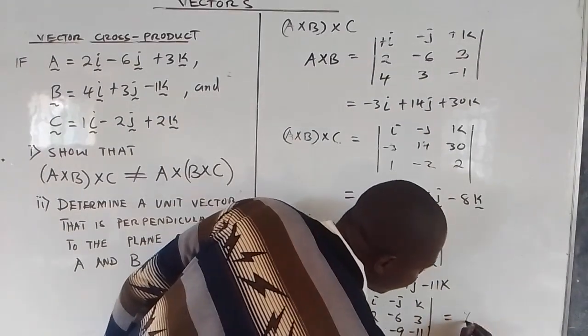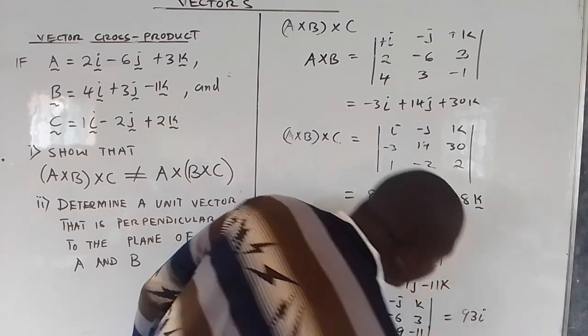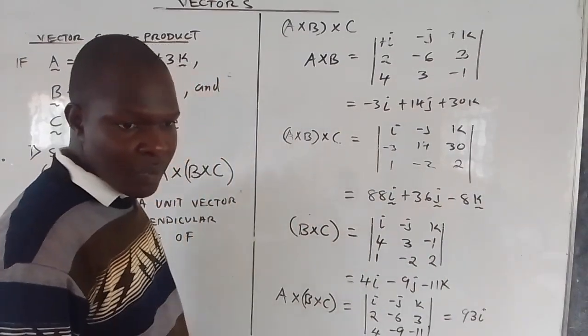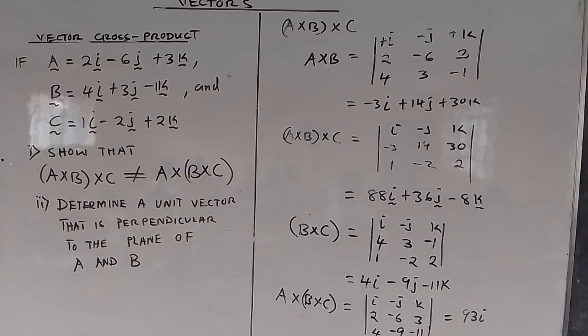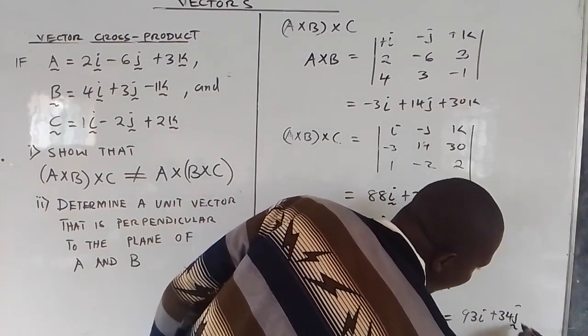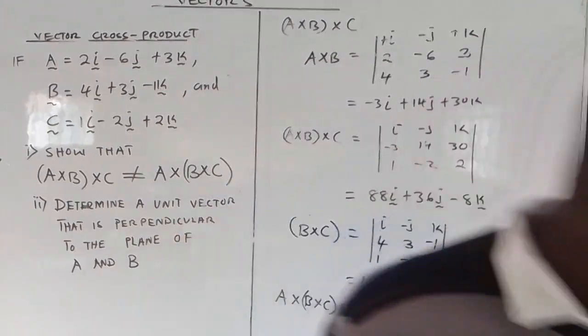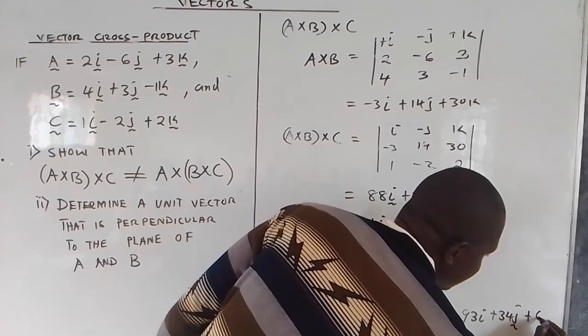X is 93, meaning we are going to get 93i, isn't it? And Y is the second value, that is 34. So it is plus 34 here, Y here, isn't it? Then Z is 6. So plus 6.